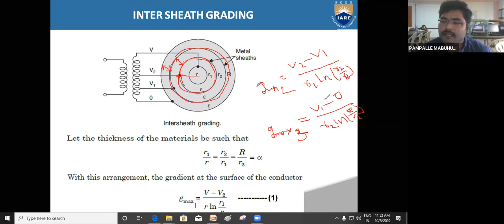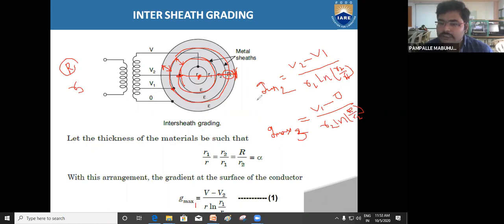So what is capital R here? The outer sheath radius. From here to the outer sheath, the radius is capital R. You can even represent it with R3 also. In this diagram, as it is represented with capital R, we are using capital R here. If it were represented with R3, you can use R3. R3 by R2 you can write.